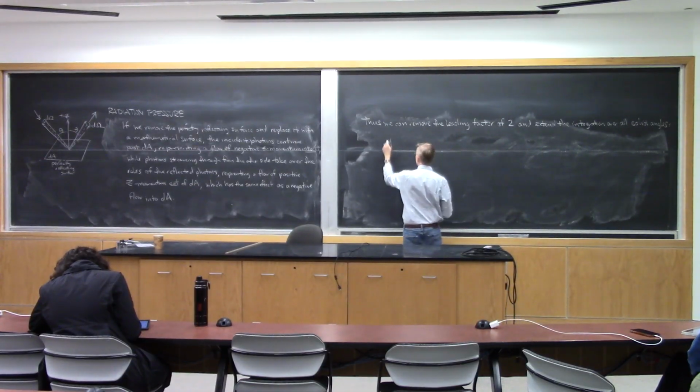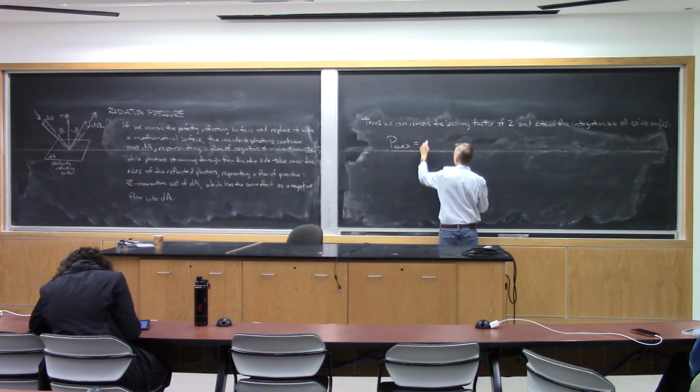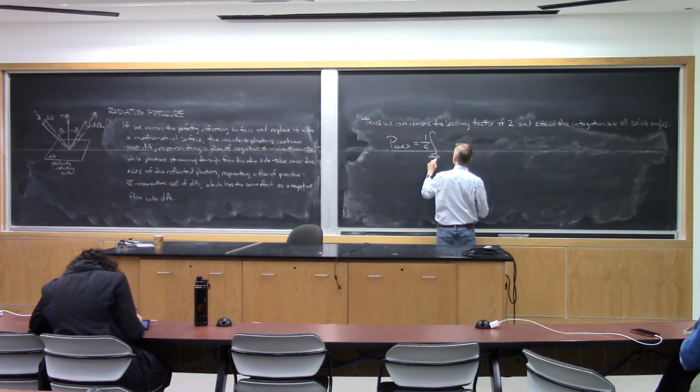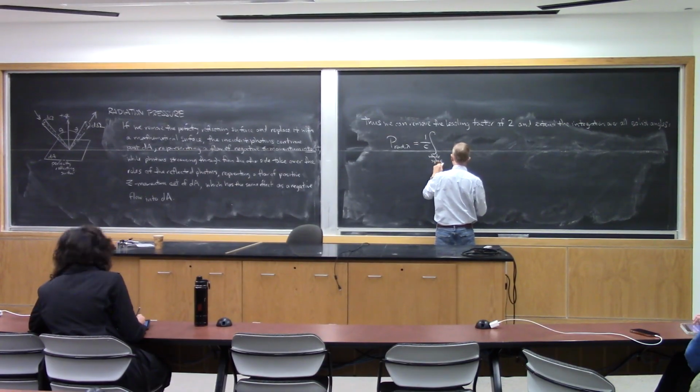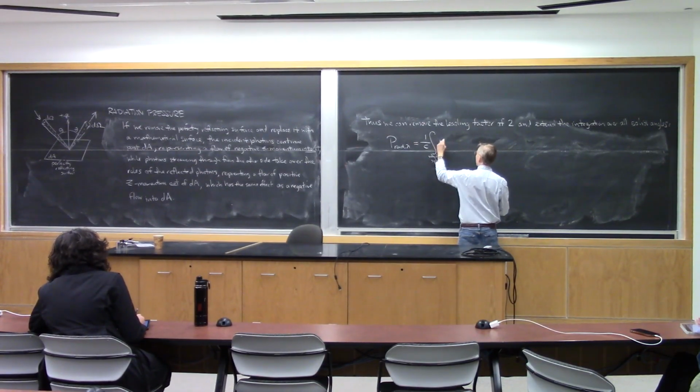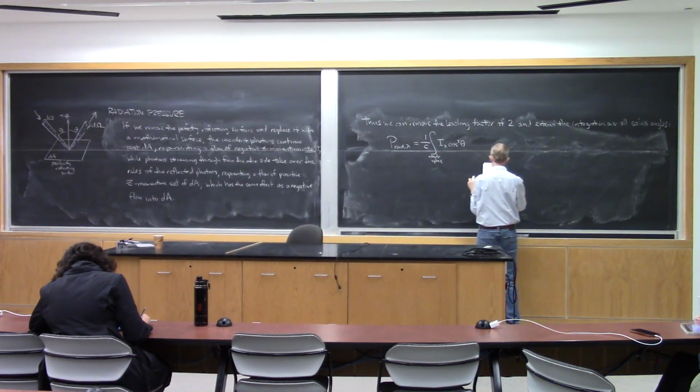And so we can say that P rad lambda is just, instead of 2 over c, 1 over c, and then we integrate over the whole sphere, over solid angle, I lambda cosine squared theta d omega.